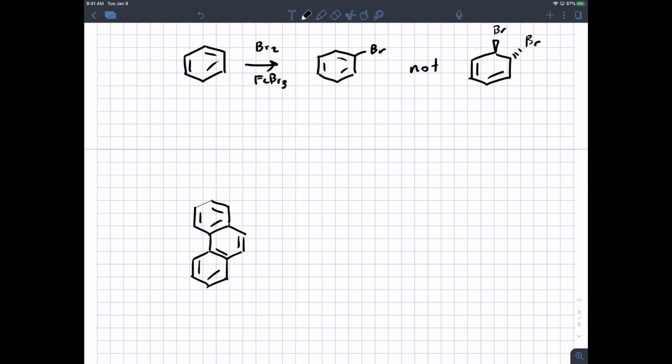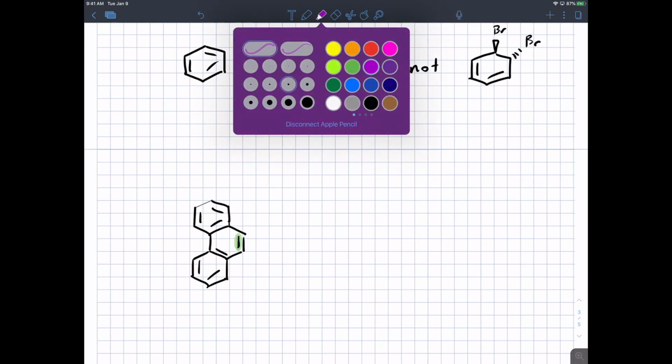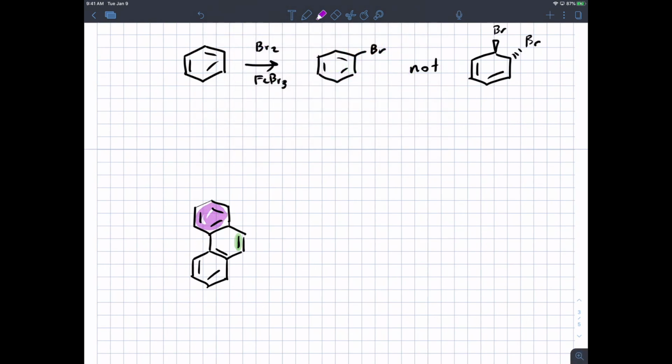And it turns out that for phenanthrene, this double bond behaves as though it were an isolated double bond, and you have lovely aromaticity here and here. And those rings, nothing happens to them, but if you add bromine to phenanthrene, you get bromination on that double bond in the central carbon.